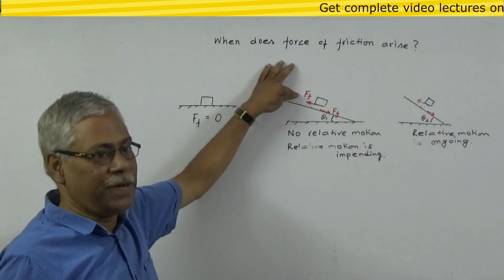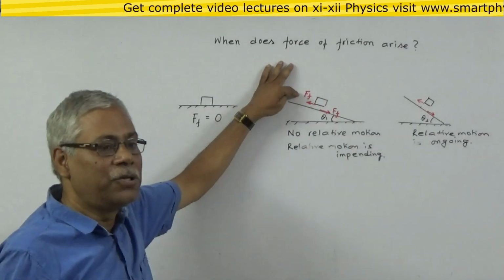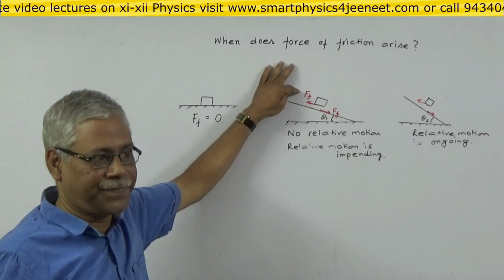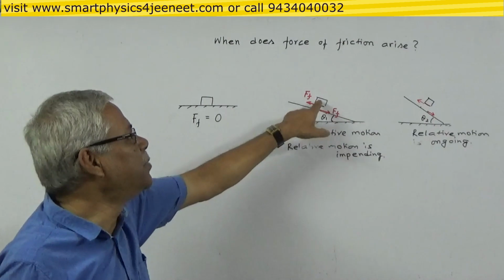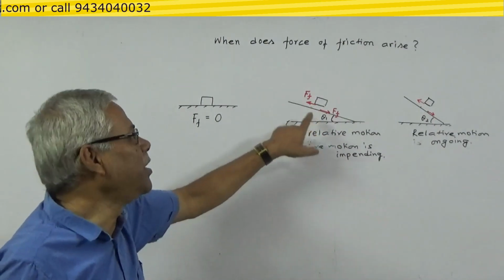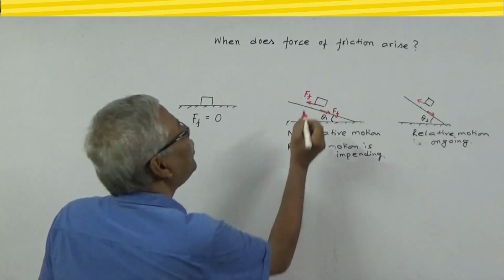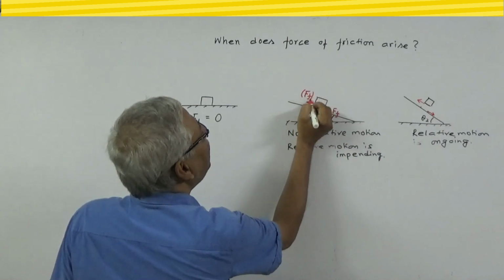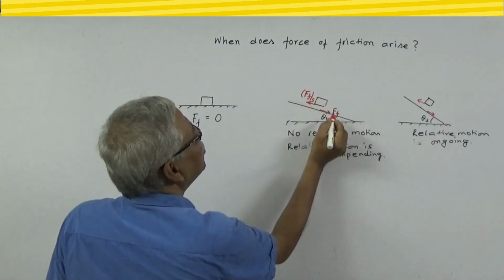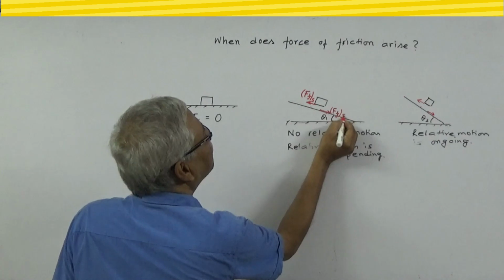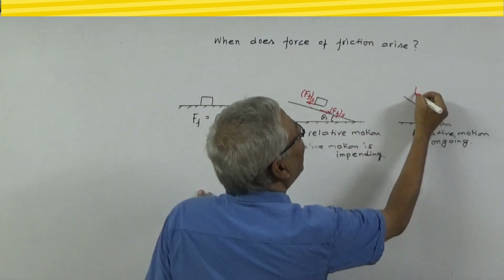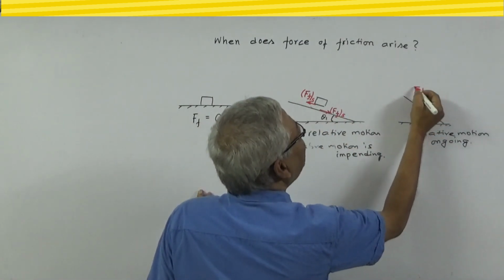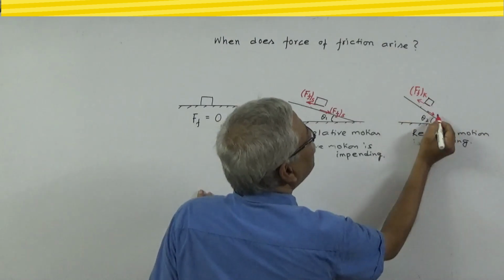This force of friction is called force of static friction. Static, because this body is at rest with respect to the surface. So we will denote this by FFS, force of static friction, and this will be denoted by FFK, force of kinetic friction.